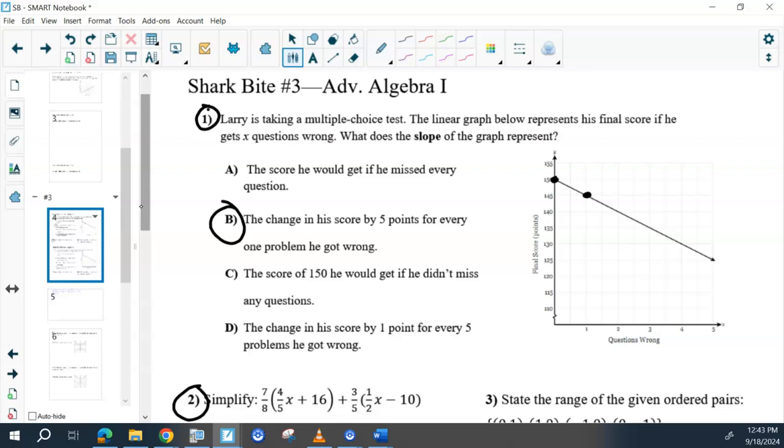Questions on that one? Yes. In general or this? The y over x. The rise over your run. So it's negative 5 over 1, yes.